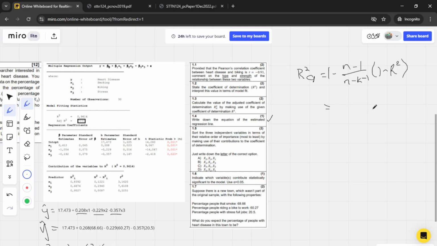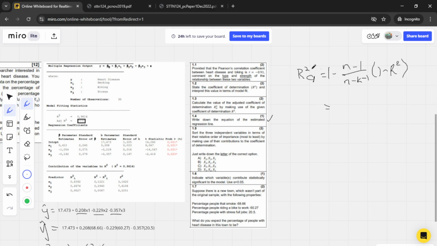So now before we get to calculating the adjusted coefficient of determination, first of all we want to know the meaning of these numbers here. The value of n is the number of observations, the sample size. It's going to be given to you, like in this case it is 30. k is the number of independent variables, the number of x variables.